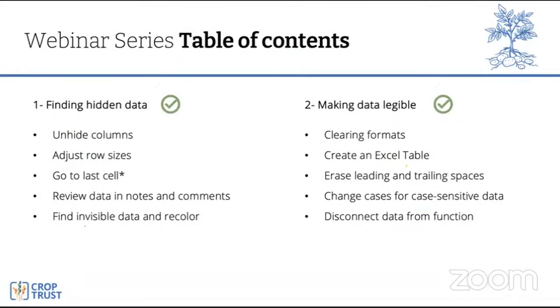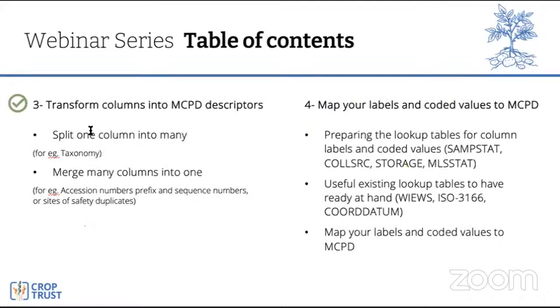What we already covered in the first part is data cleaning, for example, finding hidden data and making data legible. It also covered splitting columns into many or merging many columns into one in order to transform them into MCPD descriptors. What we will do today is map the labels and coded values to MCPD.